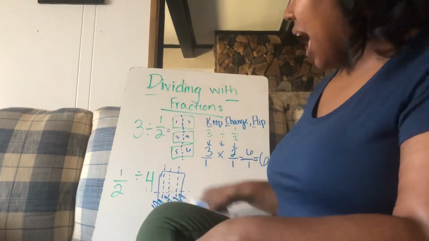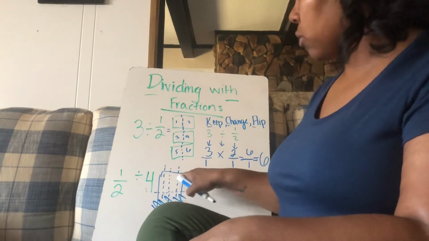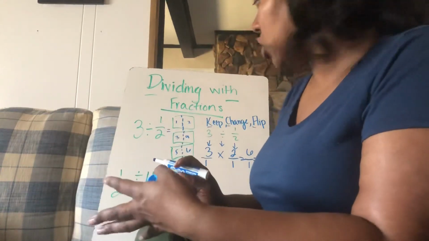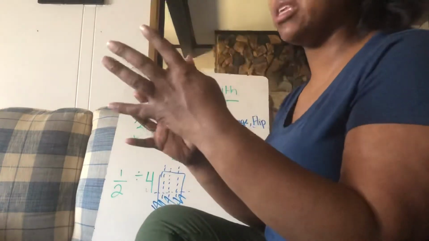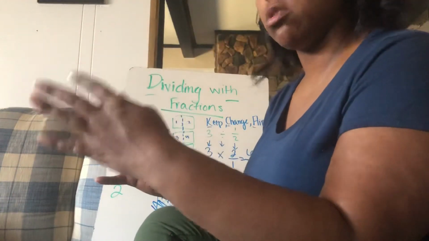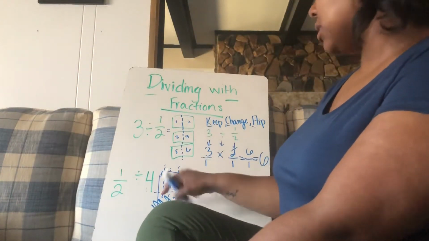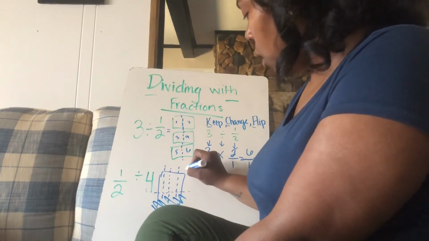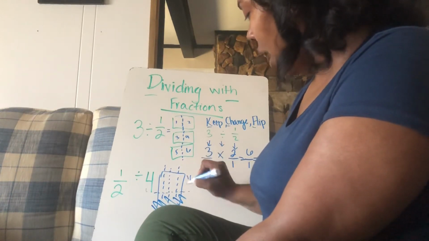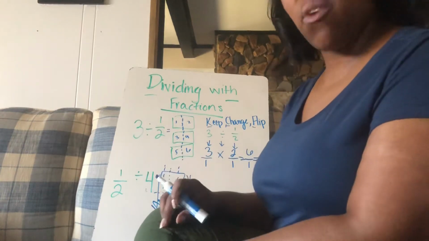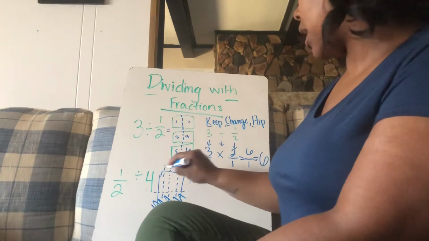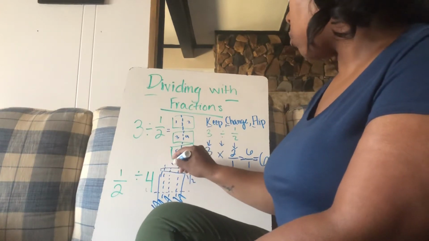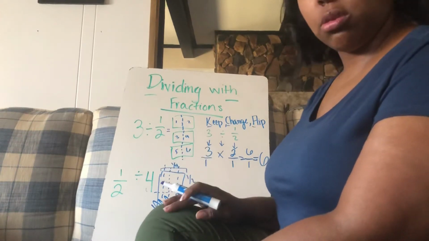Okay? Now I have 1, 2, 3, 4 pieces, but what size are those 4 pieces? That's the question that we want to know. How big are those 4 pieces if I started with just one big piece that was a half? Well, that means that if this was 1/2, and then I cut it into fours, I could also say I'm timesing it by 1/4.